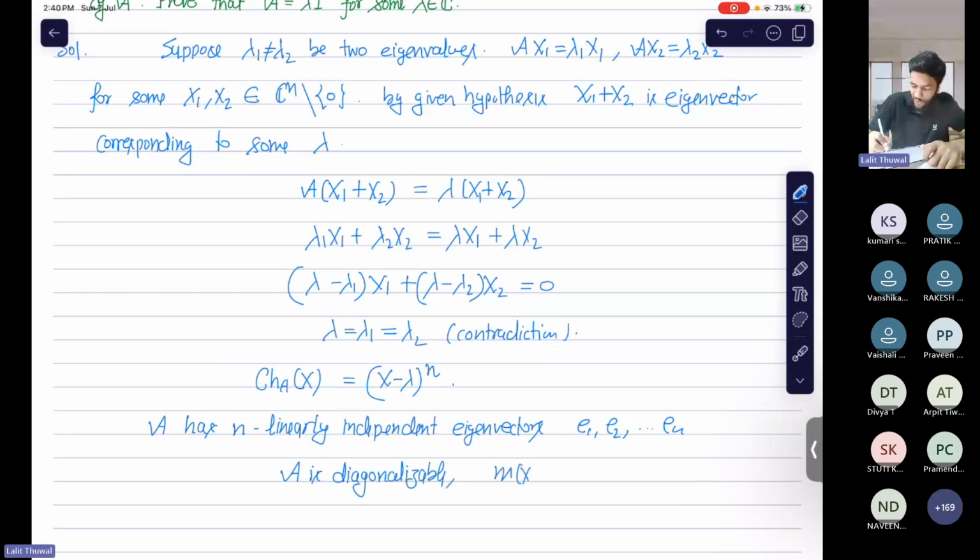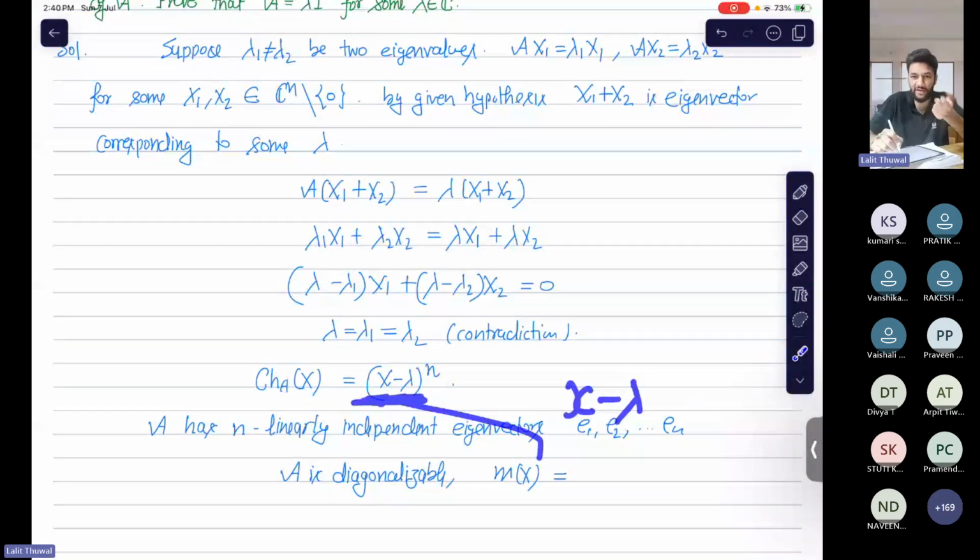So what is the minimal polynomial of A? The minimal polynomial of A must be a product of distinct linear factors and is a factor of the characteristic polynomial. So the only possibility is that this should be x minus lambda, because the linear factor of this polynomial is x minus lambda only, and nothing else.